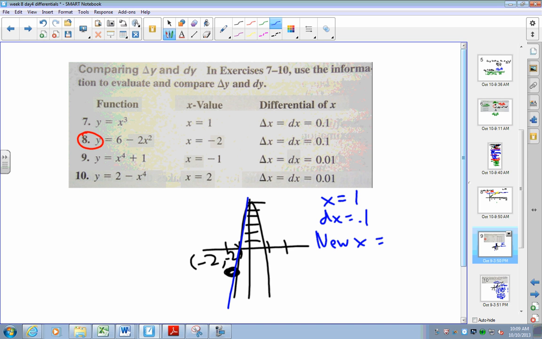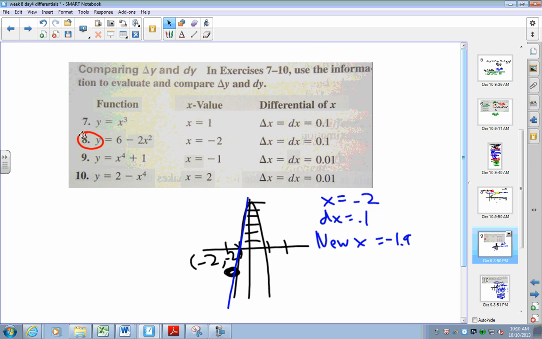Move it off 0.1. Oh, wow. Sorry, what's my x value? Sorry. -2. Move off 0.1, what do I get? Okay. Since it says dx is positive, which way am I going? To the right.